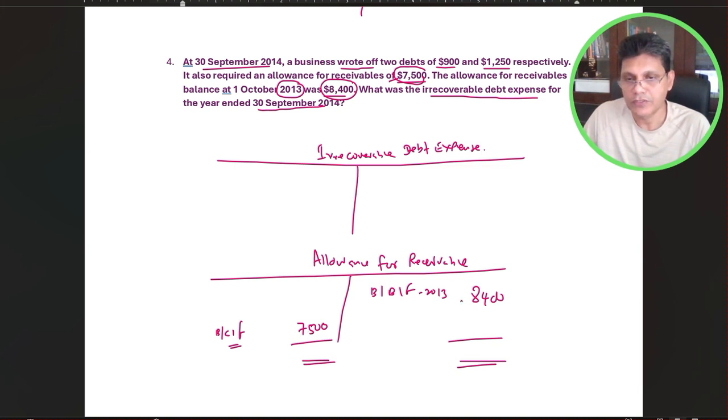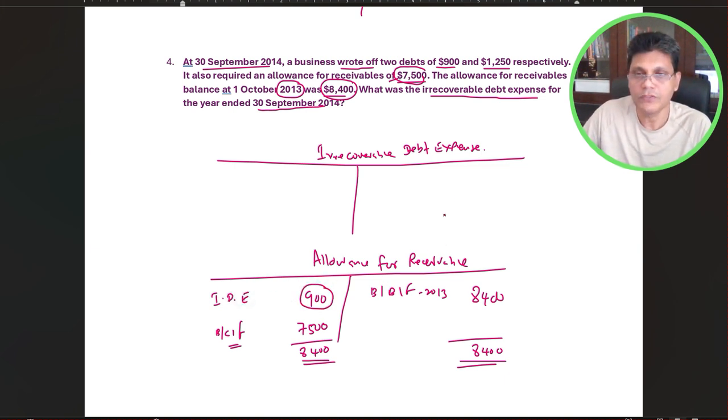There was an over provision, so this over provision has to be reversed to the profit and loss account. That is 900 to be reversed to the irrecoverable debt expense account. This amount will be reversed because there is an over provision, so it has to be credited.